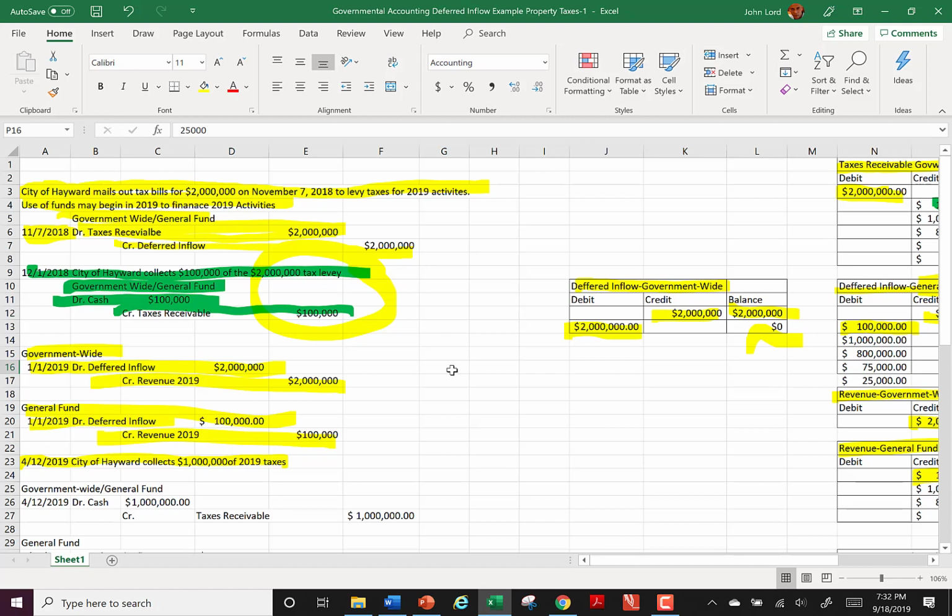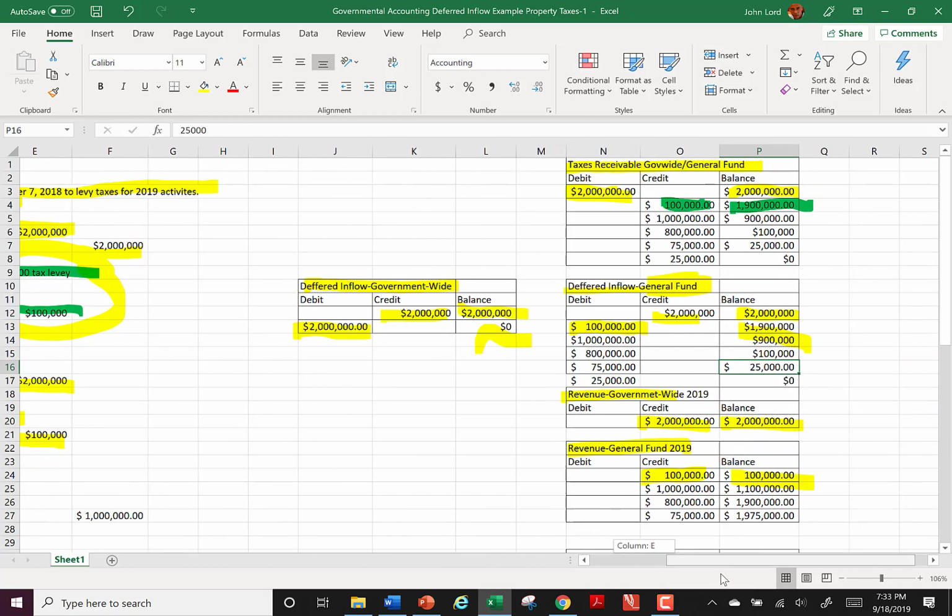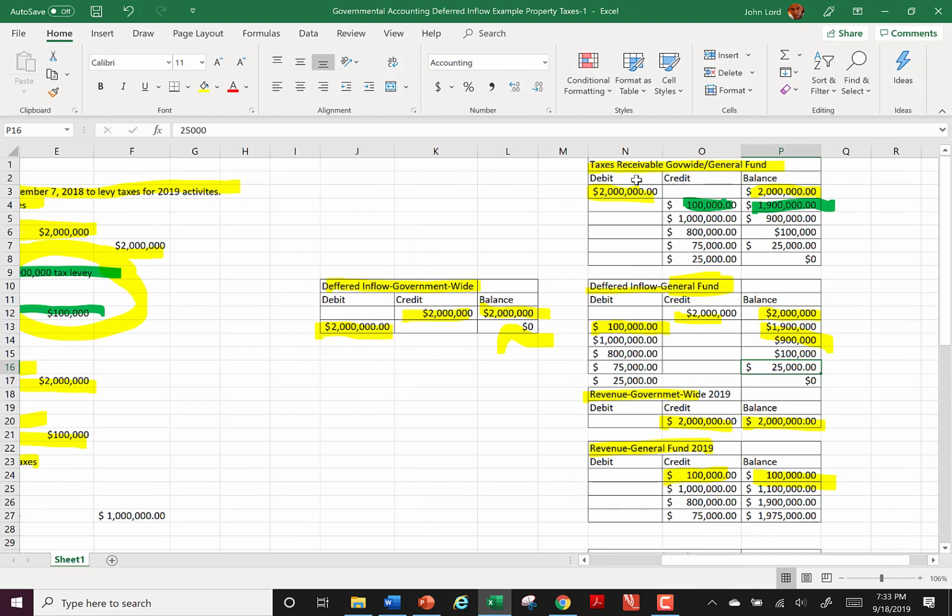Okay, now you come over and you take a look at these ledgers over here. I debit tax receivable 2 million. I credit at the government-wide level, I credit deferred inflow for 2 million. At the fund level, I credit deferred inflow for 2 million, don't I? No difference between the two at this point.